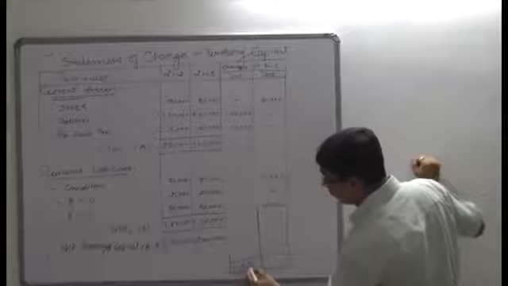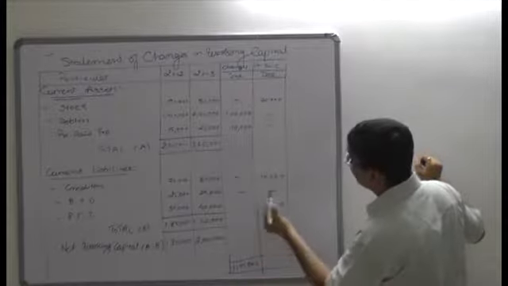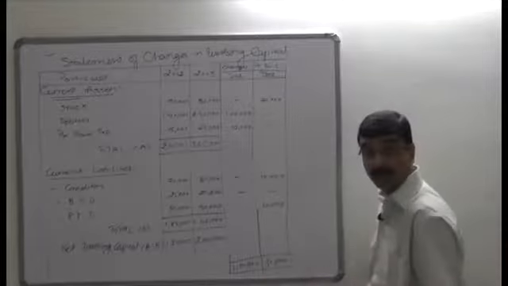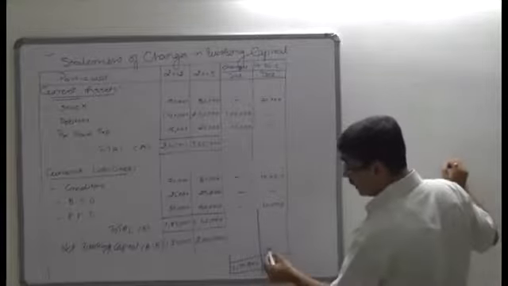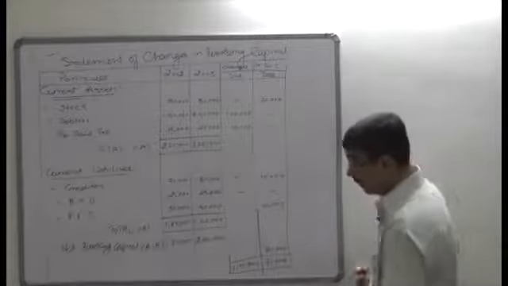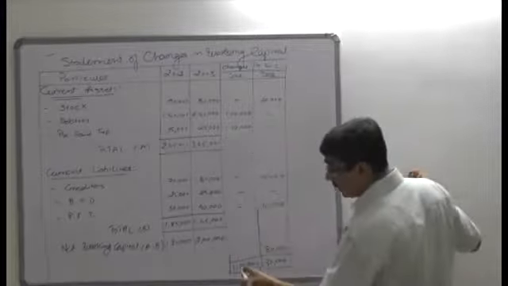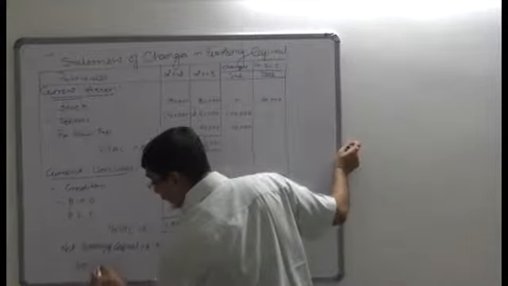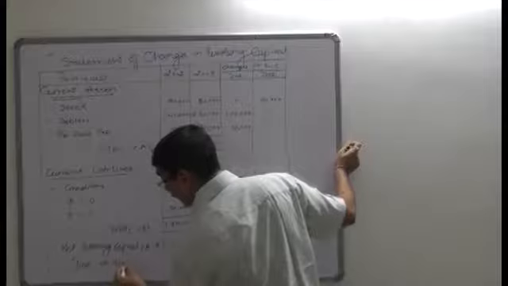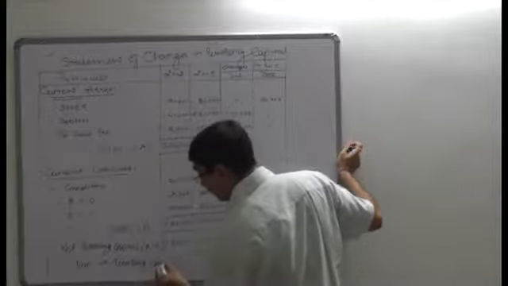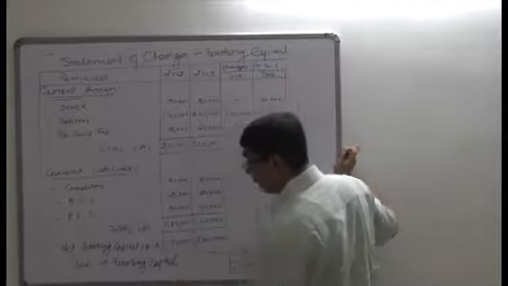Naturally the increase total is higher, and the decrease total is 30,000. So the shortage on this side is 80,000 rupees, correct? Which side is higher? The increase side is higher. It means your answer is increase in working capital.